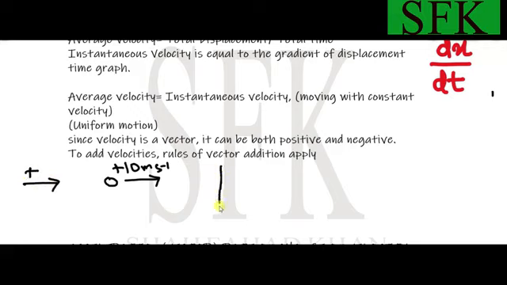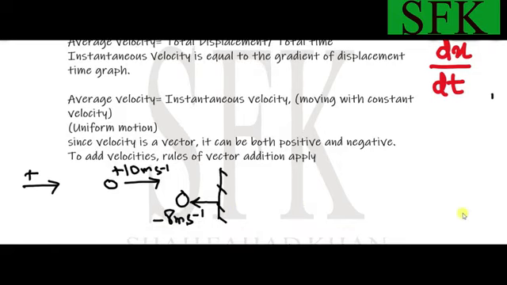It hits a wall, and after hitting the wall, it rebounds with a speed of, let's say, 8 meters per second. The speed is positive. Speed does not concern the sign, but the velocity of this ball is going to become minus 8 meters per second because this velocity is opposite to the initial velocity with which the ball was thrown. This is our wall.